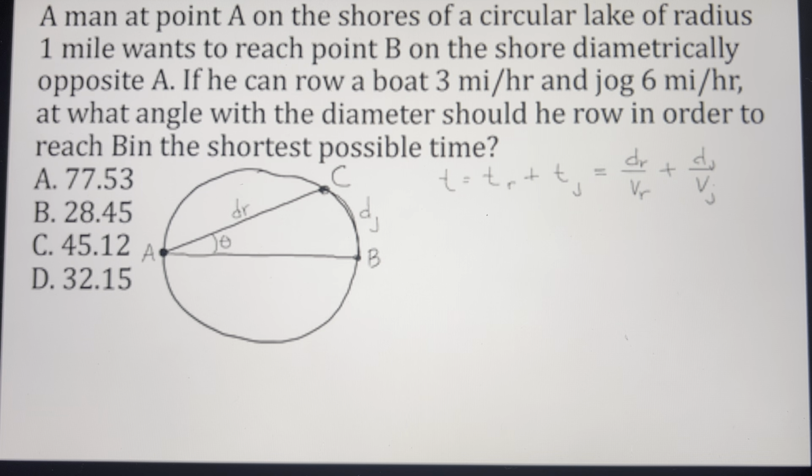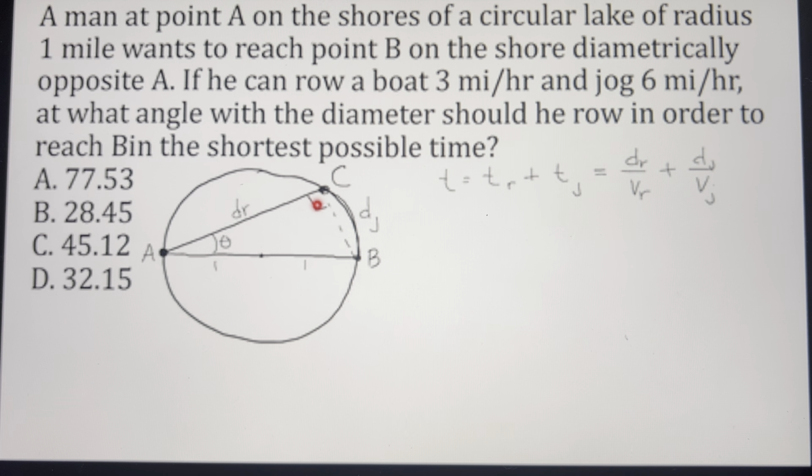Our radius is 1, so the diameter is 2. If we draw this, we'll have a right triangle since the opposite side is the diameter, meaning this one is a right angle.